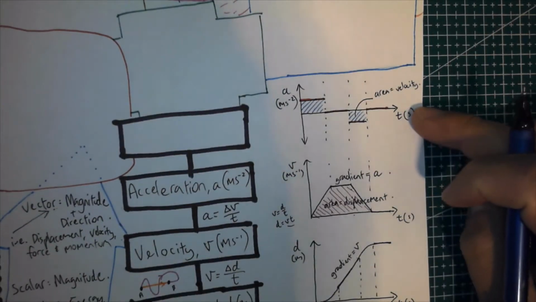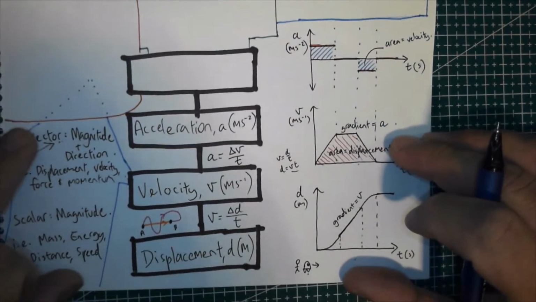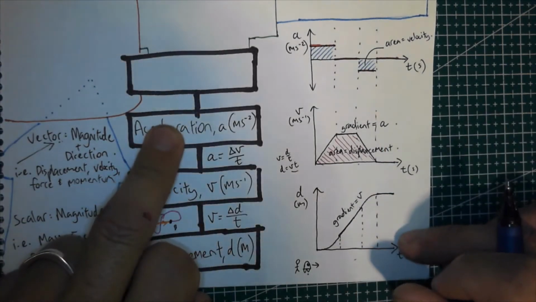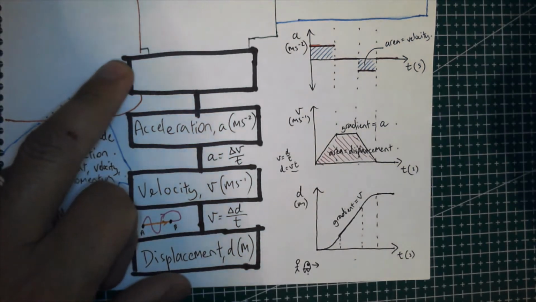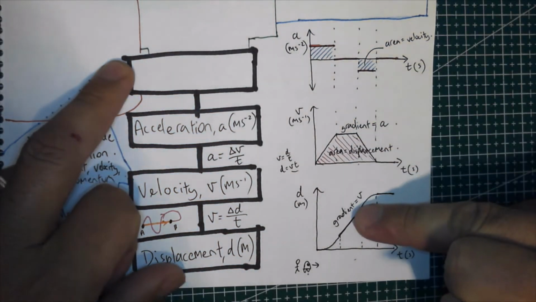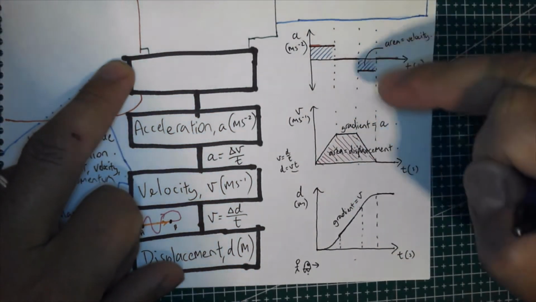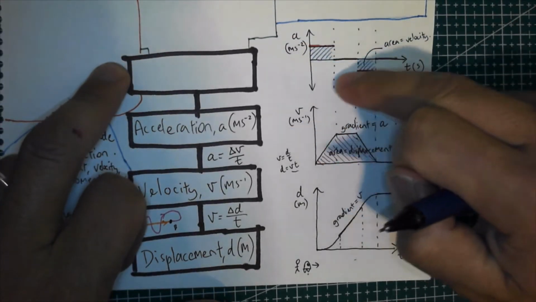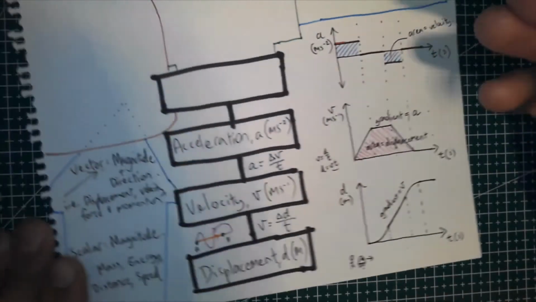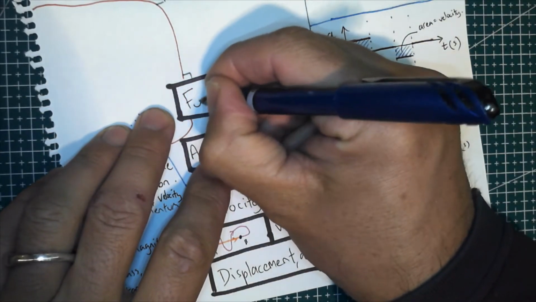Okay, so let's come back to this diagram here. We've got displacement, velocity and acceleration. Then there's this other thing up here. Velocity is a changing displacement over time. Acceleration is a changing velocity over time. This top box is about what causes acceleration. And the thing that causes acceleration is a force.